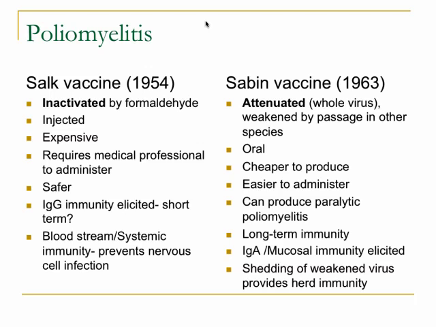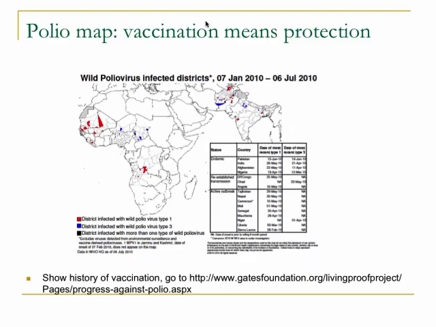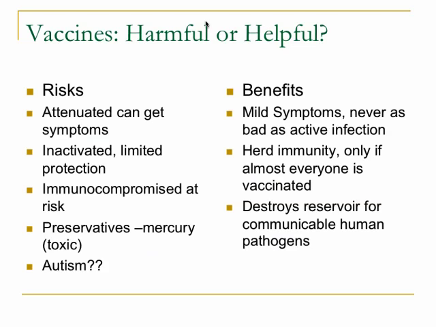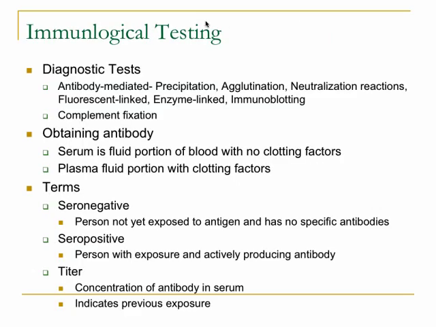And basically, since polio has been eradicated in the U.S., we just use the Salk vaccine because of its increased safety. And we no longer use the Sabin vaccine, which in rare cases can produce paralytic poliomyelitis. And I think I'm going to finish there. We already had a little bit of discussion about the risks and the benefits, so I'll finish up with immunologic testing next class.